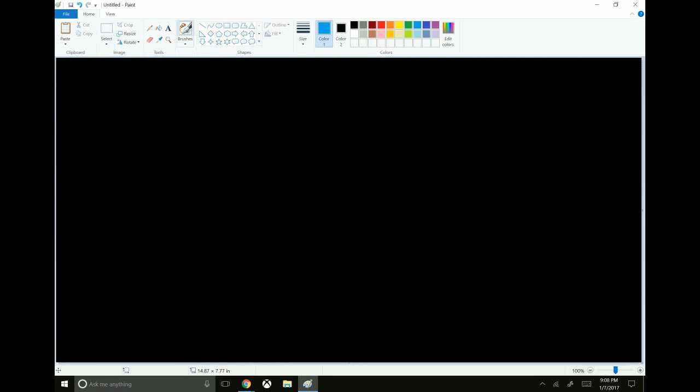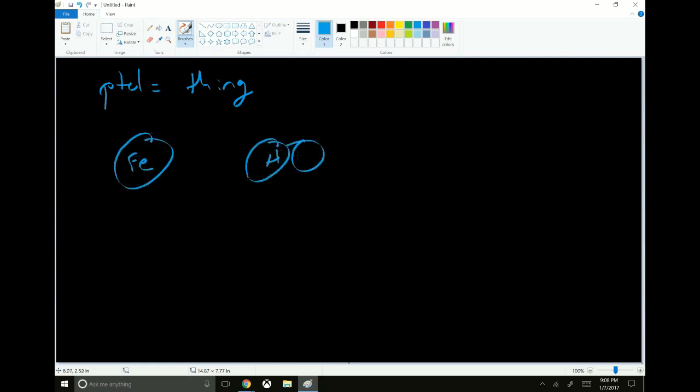Okay? A mole is a relationship between the number of particles. Remember, a particle is just a thingy. Okay? So a particle could be an atom of iron, it could be a molecule of hydrogen, or it could be a molecule of methane.